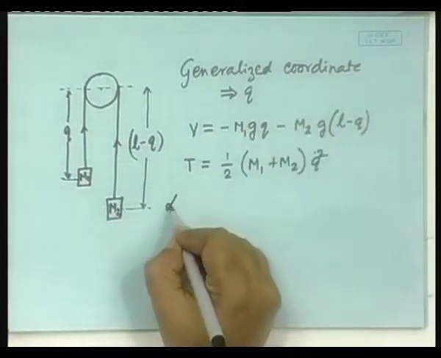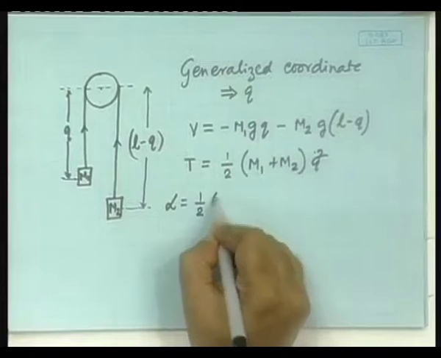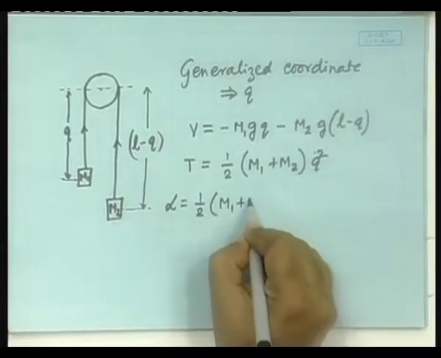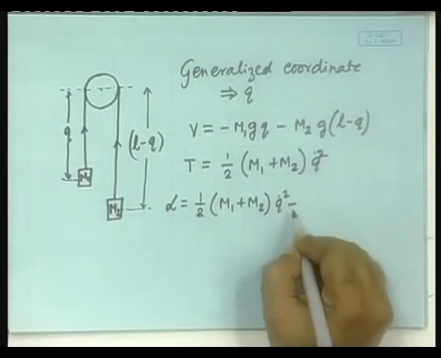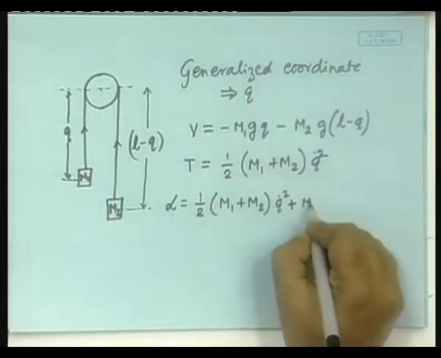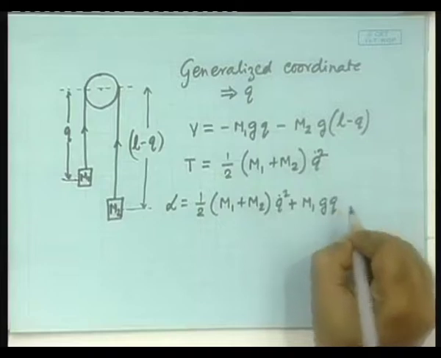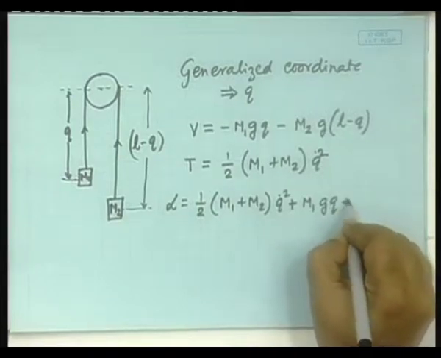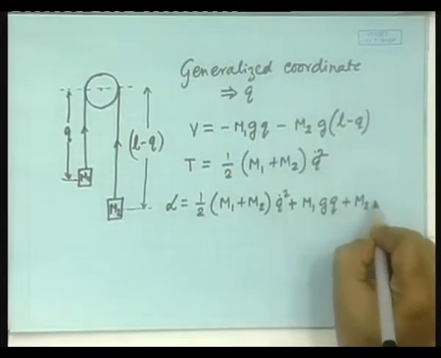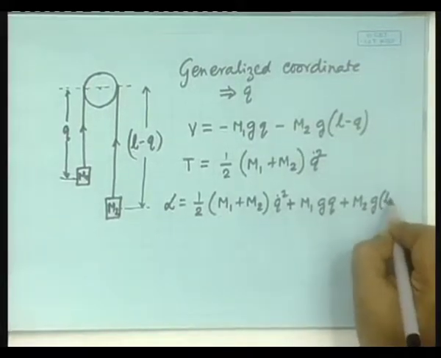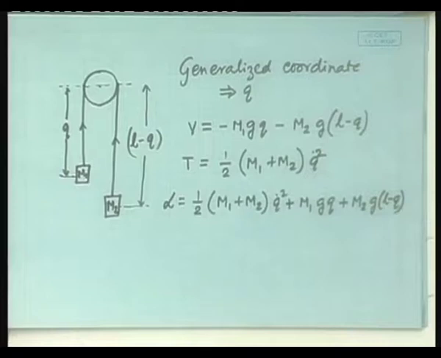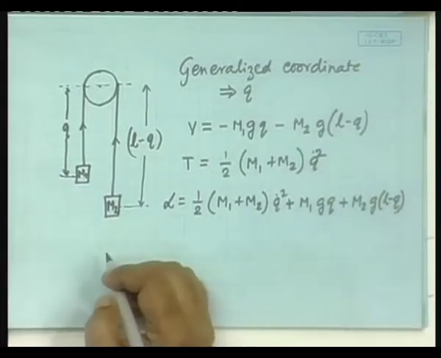So, the Lagrangian is half (m1 plus m2) q dot square plus m1 g q plus m2 g, will it go out? No, (L minus q). Okay. Now, let us differentiate.